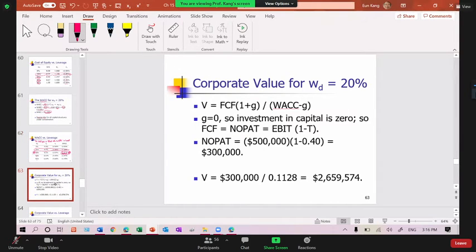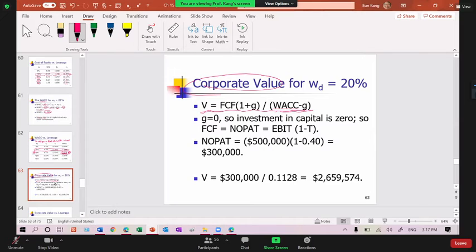Now, a very important thing is how to calculate corporate value. This is going back to chapter 10, valuation. Value is free cash flow times 1 plus G over WACC minus G. Do you remember that? You have to remember that to be prepared for the final exam.